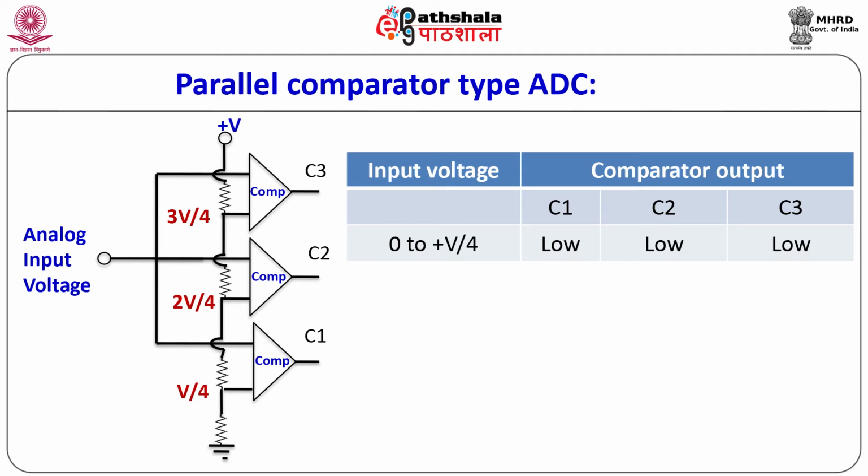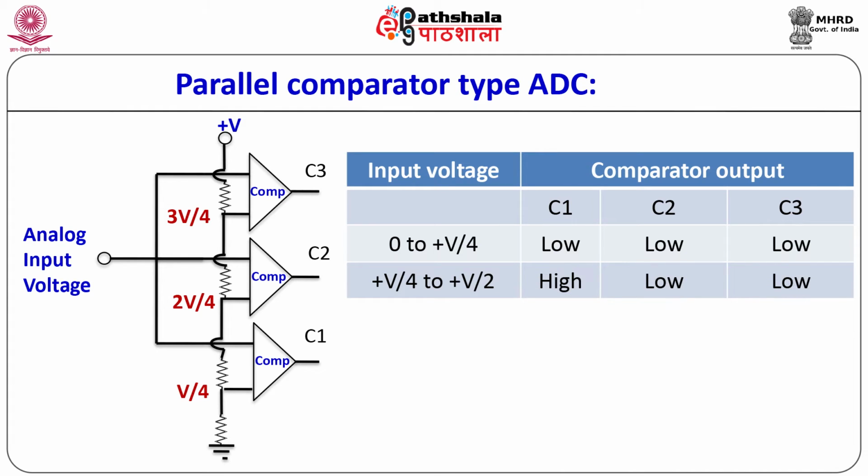When the input analog voltage increases, and is in the range of V by 4 to V by 2, the output of the lower comparator gets set, and that is why the C1 output becomes high, whereas for the comparators C2 and C3 the reference voltage is still more than the analog input voltage, and that is why the outputs of C2 and C3 will be low.